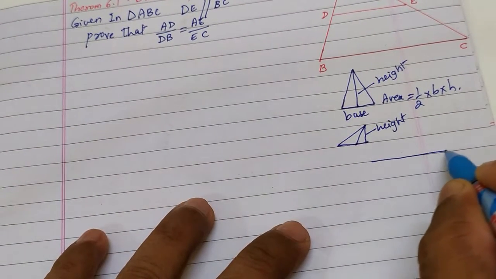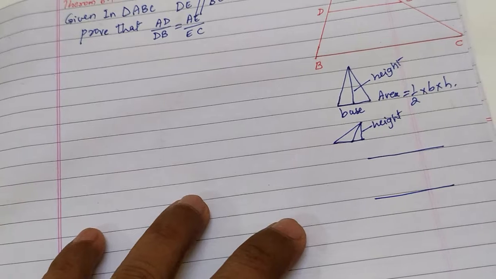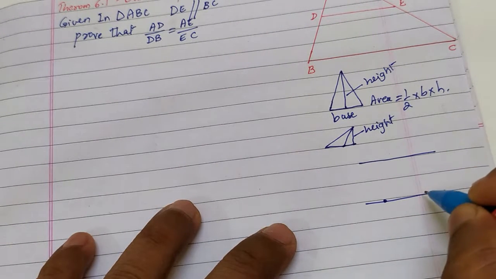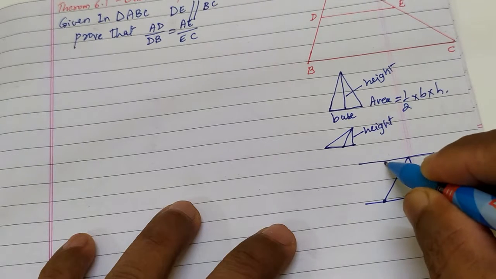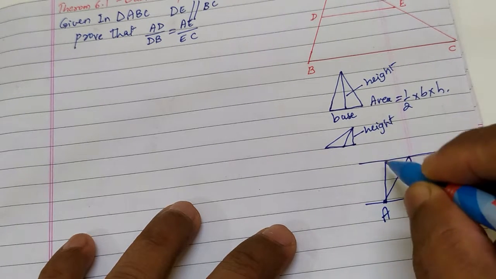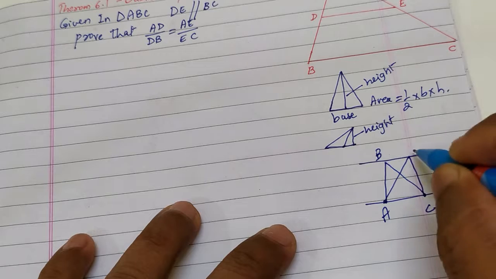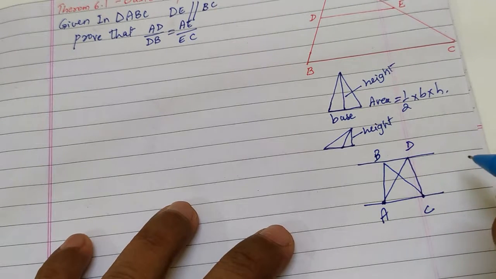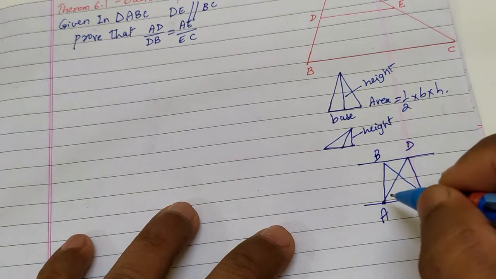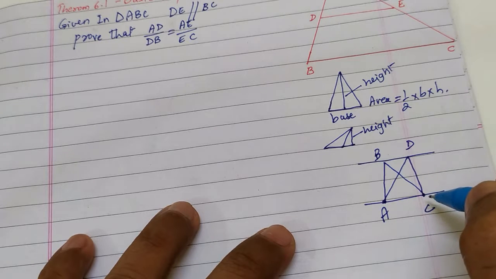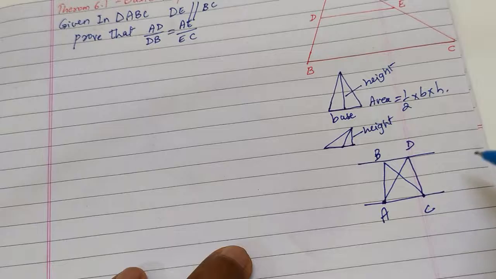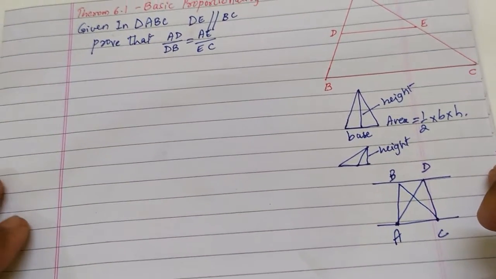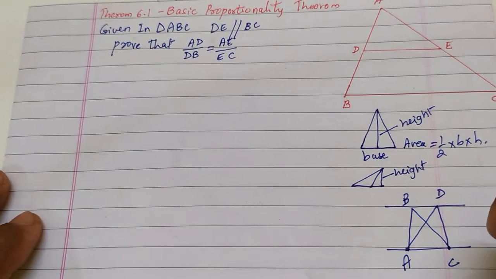And one more thing that is important and required: when there are two parallel lines and two triangles are drawn on the same base, say ABC and ADC, these two triangles will have the same area, as they have the same base and lie between the same parallel lines.